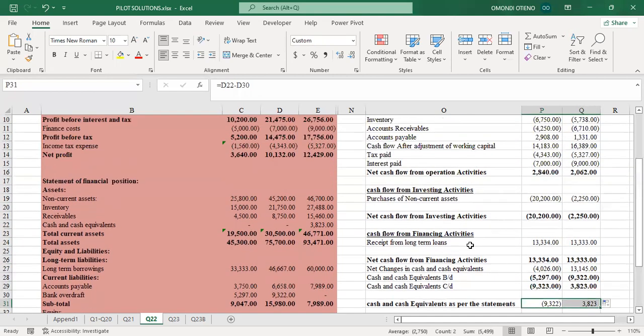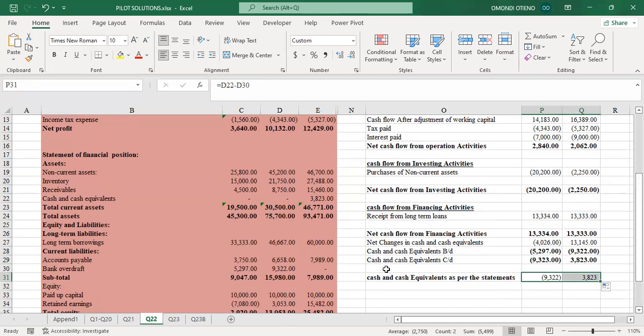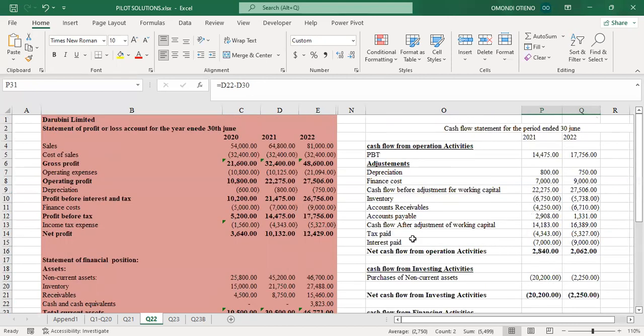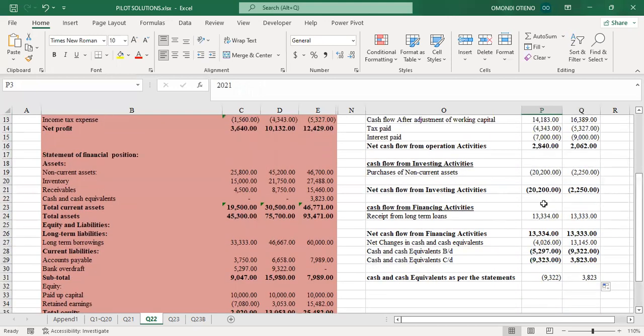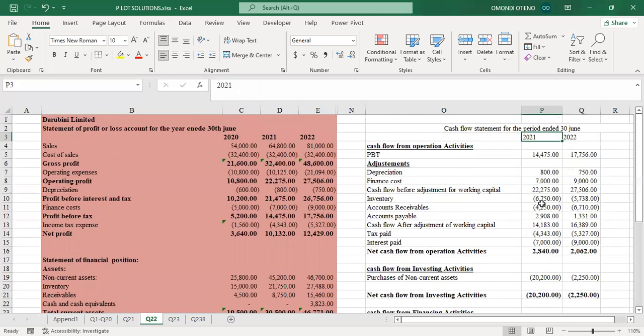So that's how you are supposed to solve that question for the cash flow statements for these 2 years, 2021 and 2022. So we have now worked out the pilot paper question requiring you to do the cash flow statement.